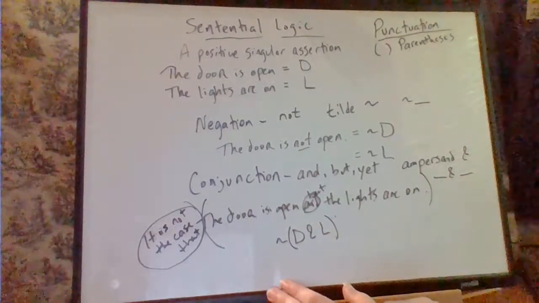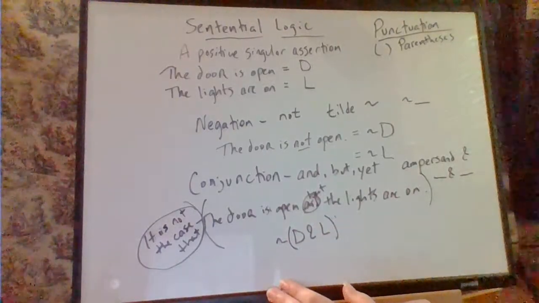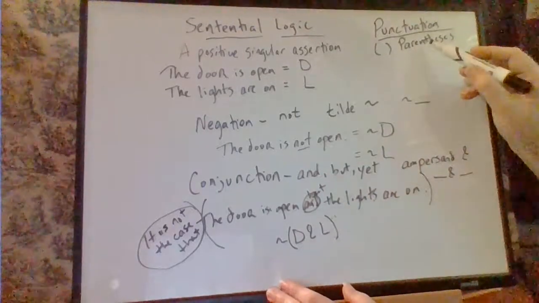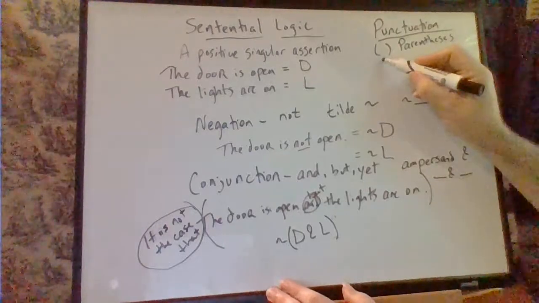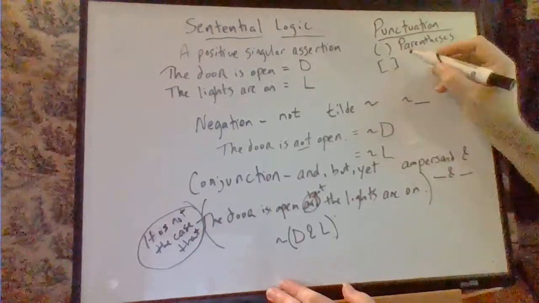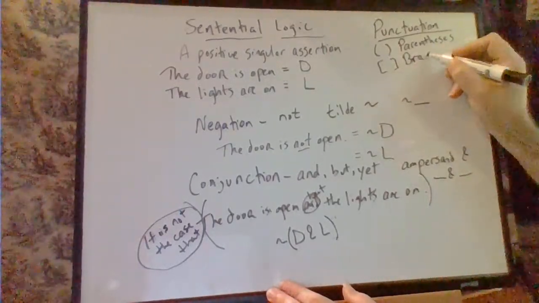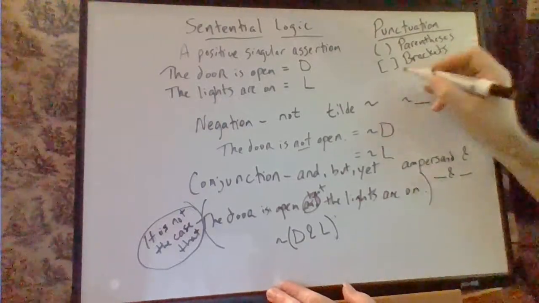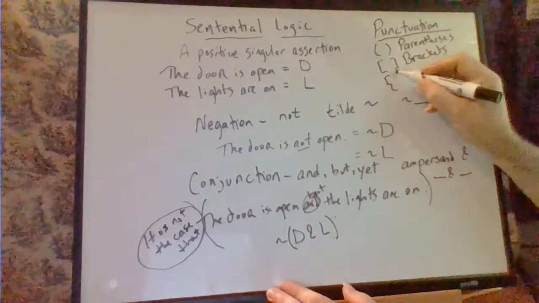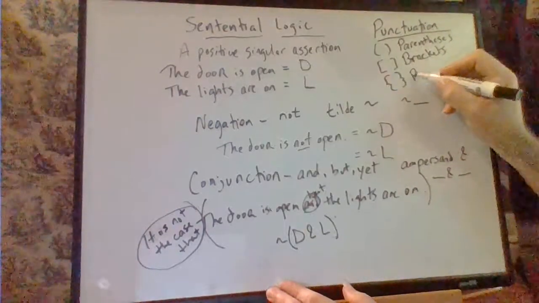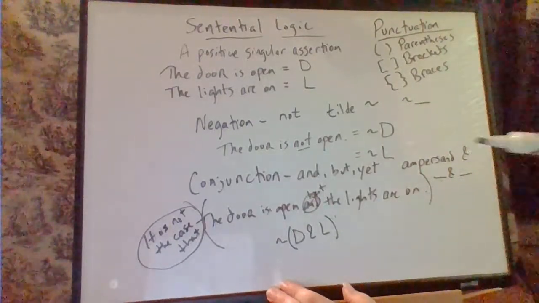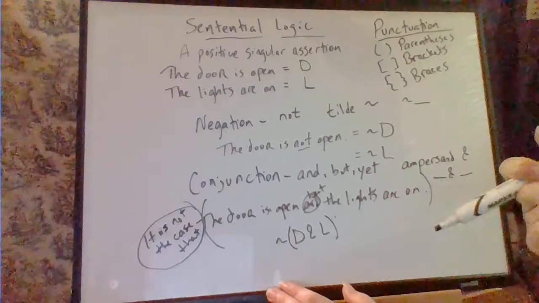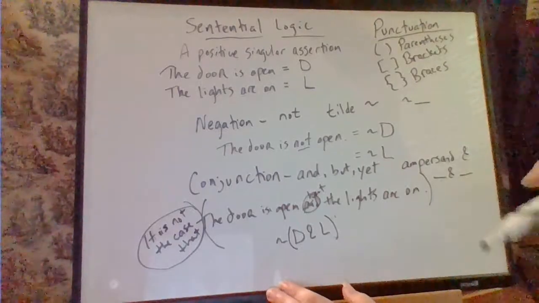And as far as our translations are concerned, I'm pretty sure parentheses is probably all you're going to deal with. But beyond parentheses, we also have brackets and braces. And these might come into play later when we talk about truth values and things like this.